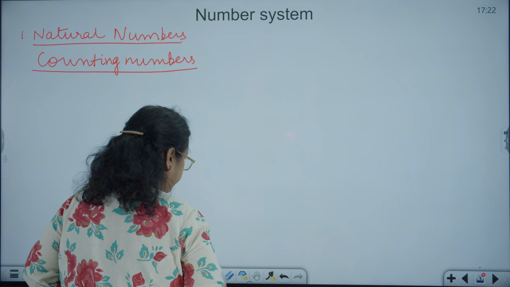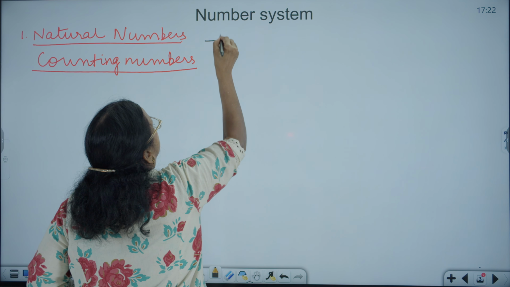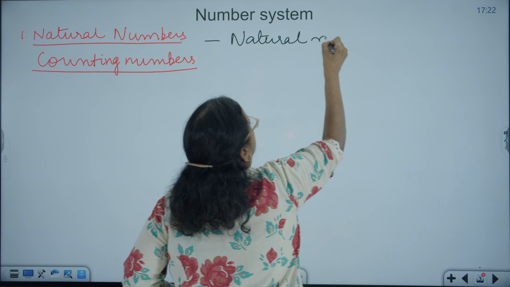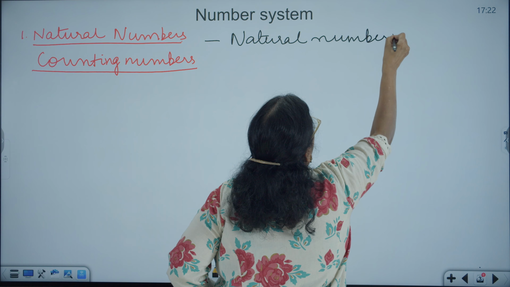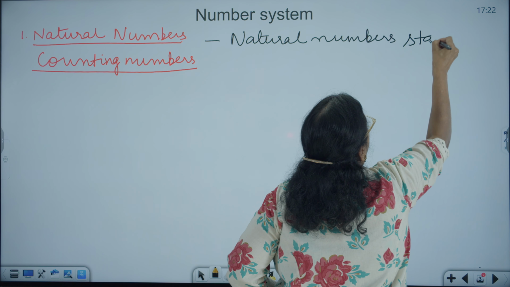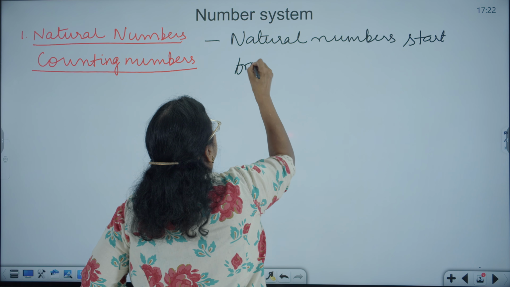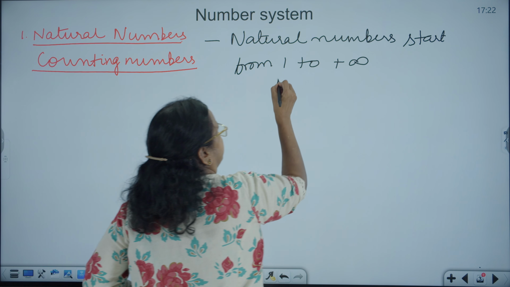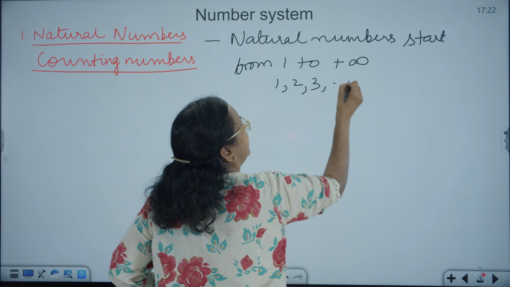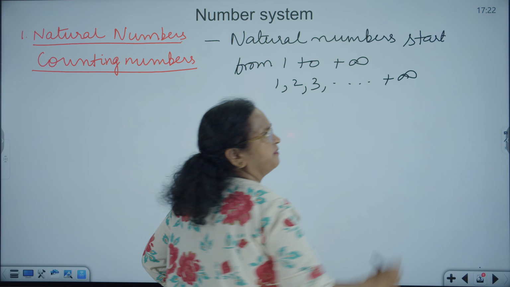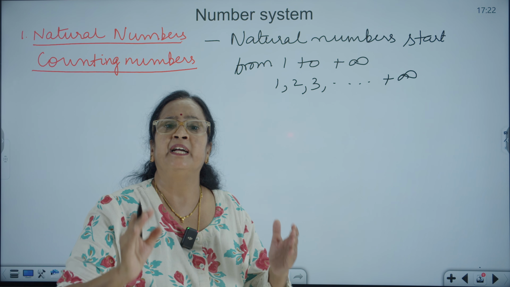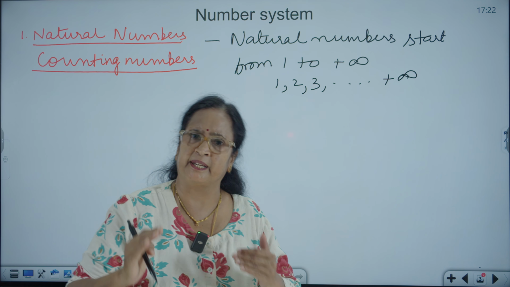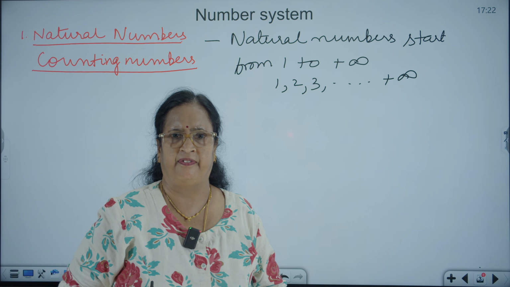So, natural numbers start from 1, 2, 3 and extend up to plus infinity. So, these are natural numbers. Now, this is learnt in CBSE, the definition itself, alright.